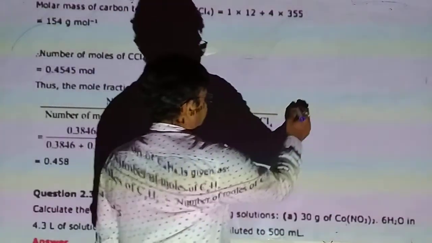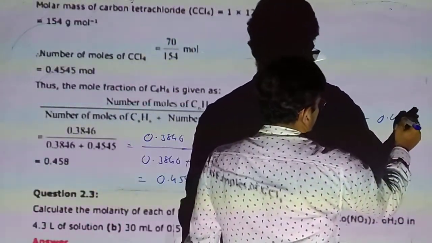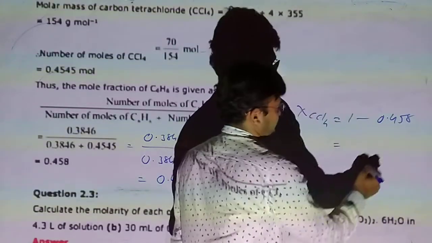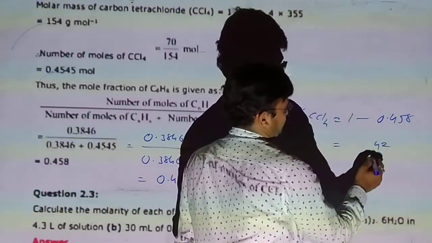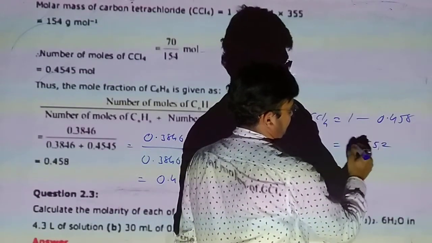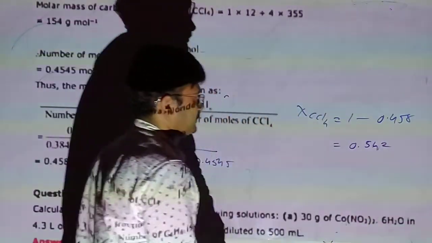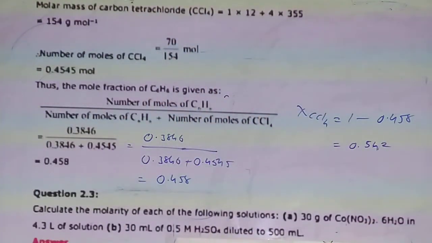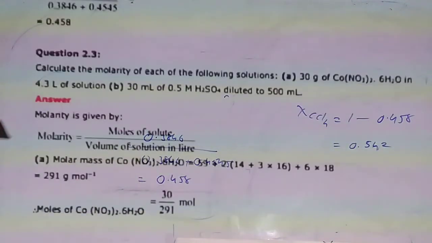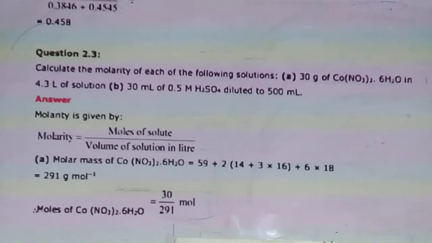If mole fraction of CCl4 is asked, then 1 minus 0.458 gives 0.542.